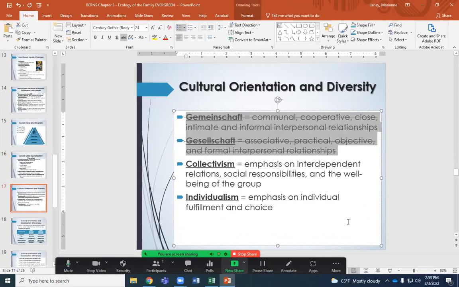I'm never going to test you on the German words. Why would I do that? This is not a German class. I come from German heritage, and maybe that's a trigger for me because the German language and culture is very specific, so I don't expect you to know it. Let's keep with collectivism and individualism.